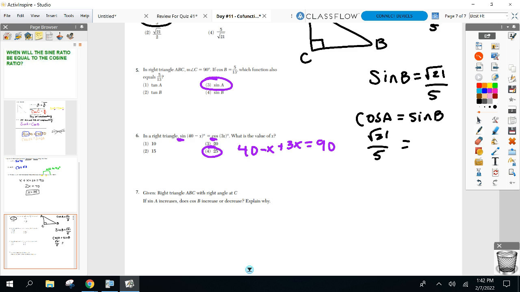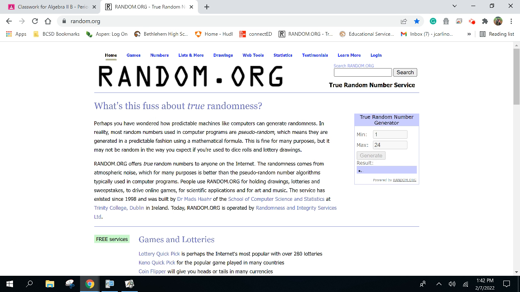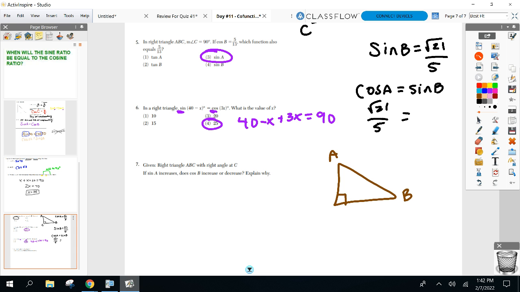And finally, I got a right triangle. Again, I'm telling you the right angle is at C, so you guys know A and B are complementary. So if sine of A increases, what happens to cosine of B? It also increases. Darn right. Why?